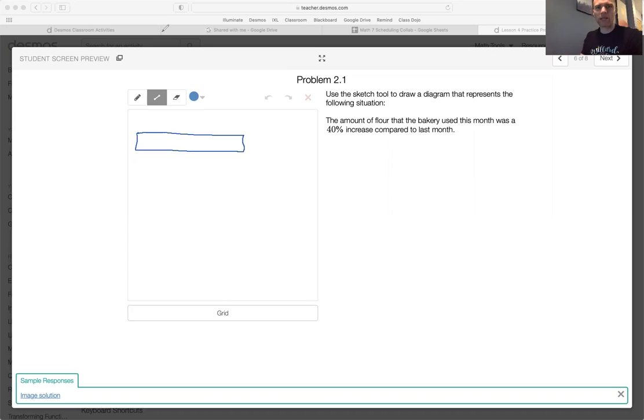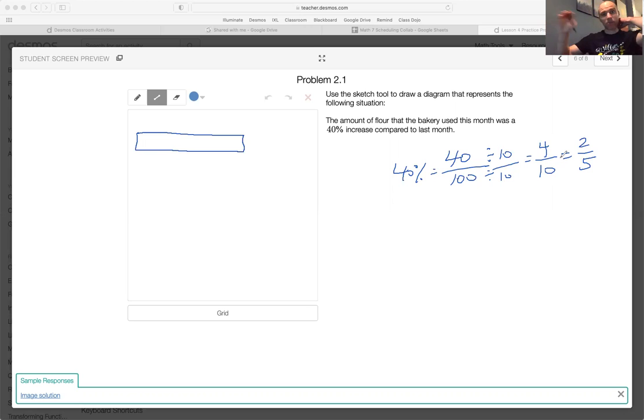Well, 40% is the same as 40 over 100. If I divide that by 10 on top and bottom, I'll get 4 out of 10, and I can simplify that even further to 2/5, right?